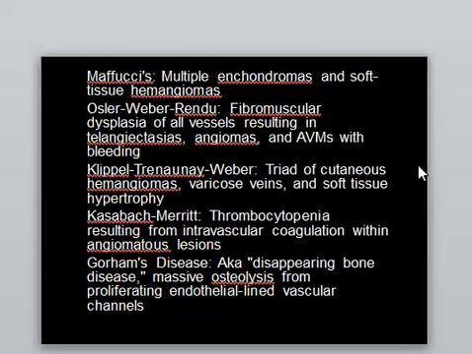Klippel-Trenaunay is the cutaneous hemangioma and varicose veins with soft tissue hypertrophy, or what we call a giant limb with many vessels subcutaneously. And Kasabach-Merritt is the thrombocytopenia. And lastly, Gorham, we call it vanishing bone disease or disappearing bone disease.